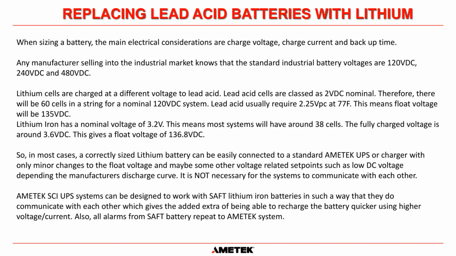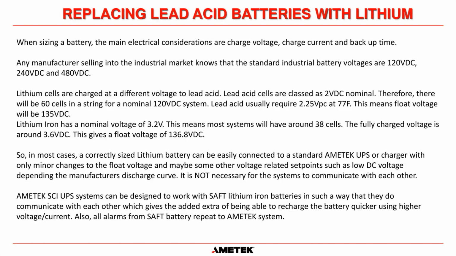So for the voltage, the difference between a lead acid battery and a lithium iron battery is only basically 1.8 volts for 120 volt for a 60 cell system compared to a 38 cell lithium ion battery. So all you would have to do in that circumstance is just slightly increase the voltage.